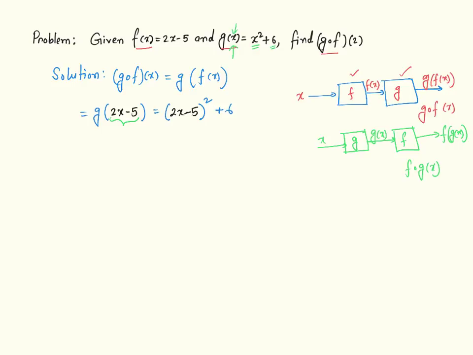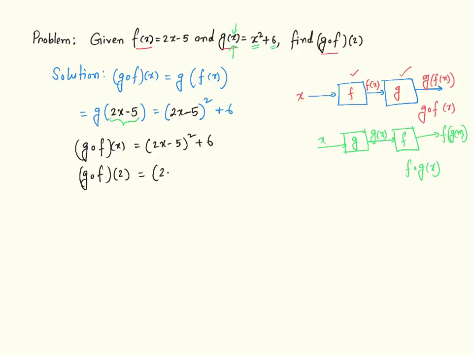Now that I found g composed with f of x, which is (2x minus 5) whole squared plus 6, finding g composed with f of 2 is pretty easy. Just replace x by 2.